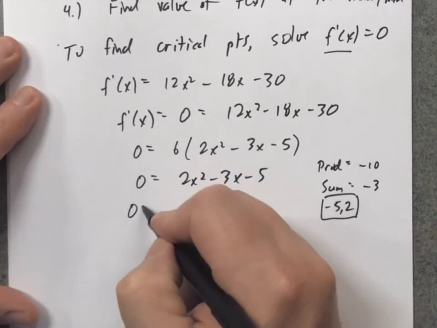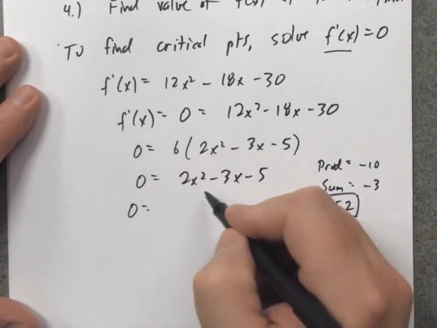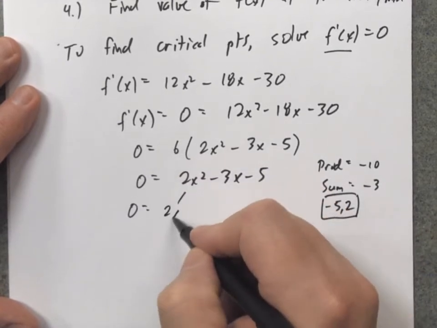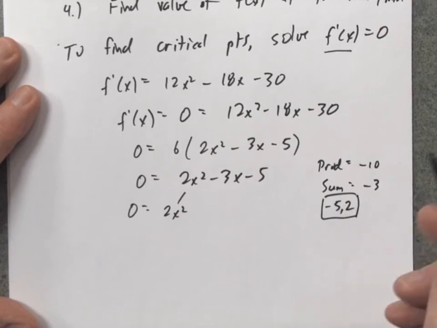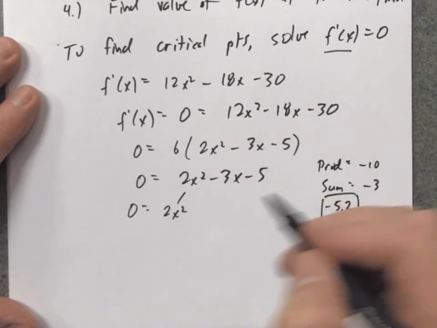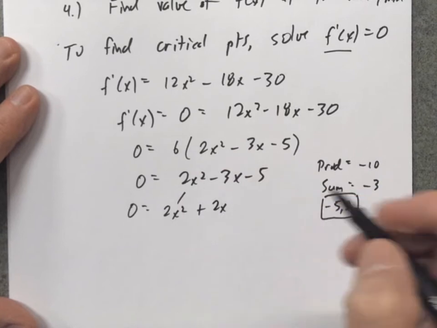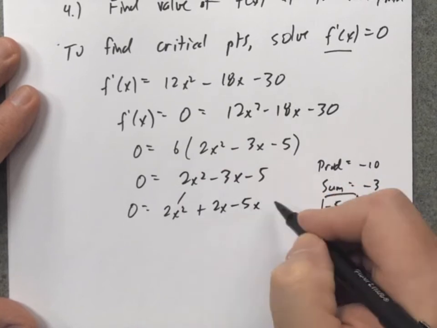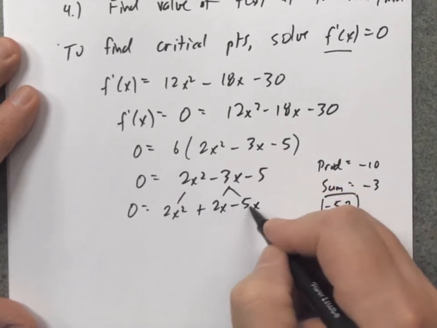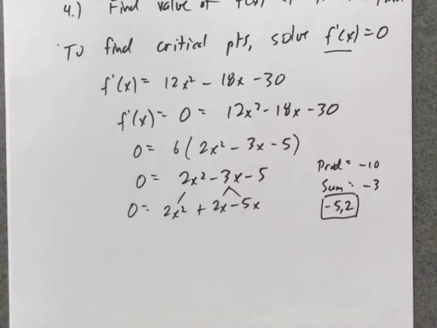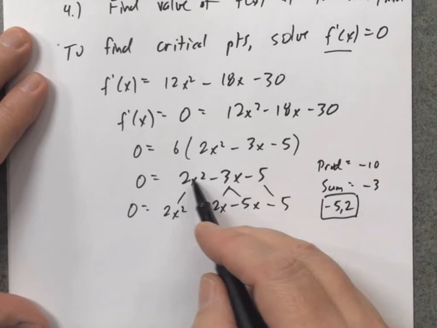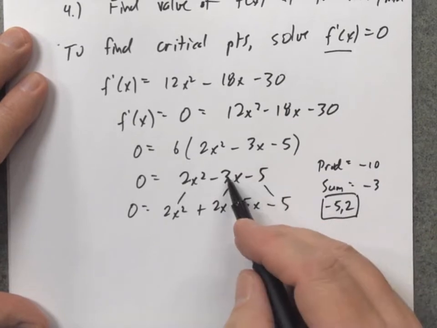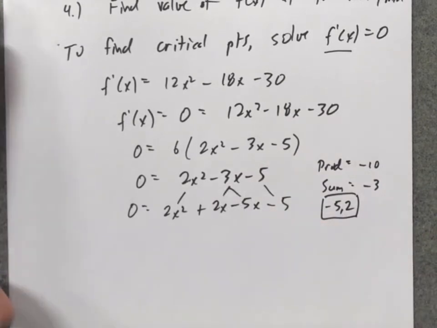Now how I do this, to factor this, I rewrite the 2x squared, the minus 3x. I break it up into my two factors. In fact, I'll put plus 2x minus 5x. So these two here combine to be minus 3x. So you simply copy down the first and the last term, and the middle term gets broken up into your two factors.